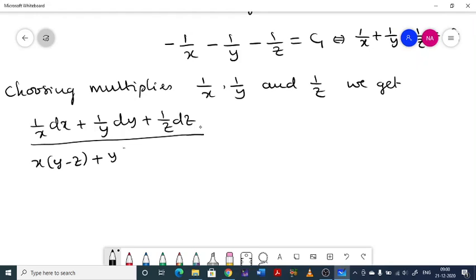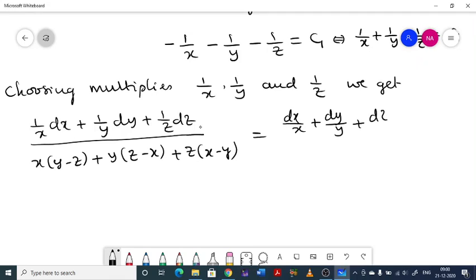I am writing that product, y into z minus x plus z into x minus y, which is dx by x plus dy by y plus dz by z divided by 0.